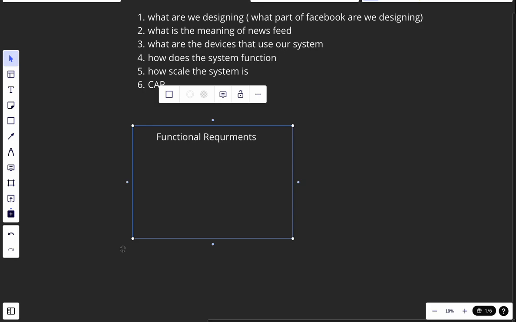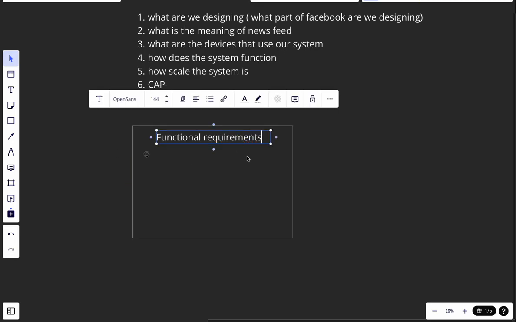Okay. So the functional requirements will be pretty straightforward.